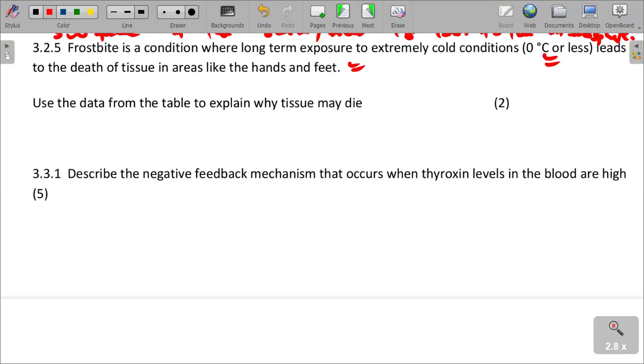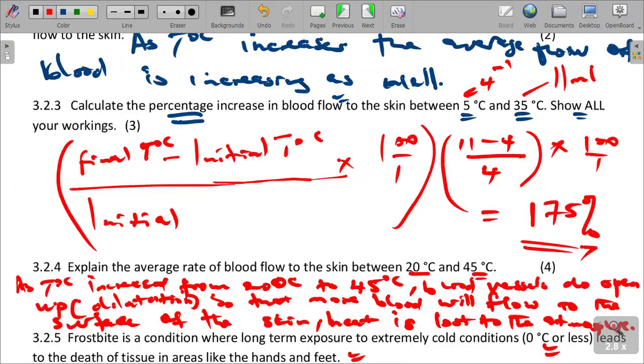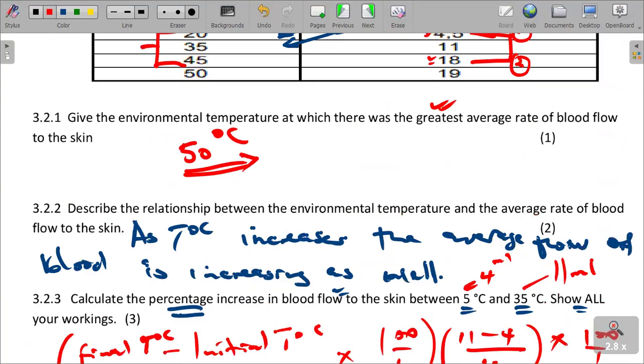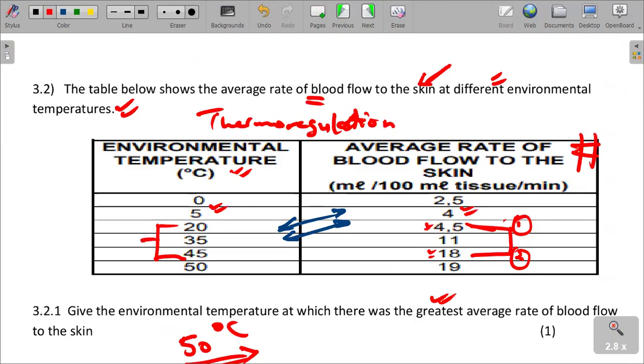Tissue death, we can actually see that with tissue death, low blood flow, as you can see there, we have blood flow at temperature zero, 2.5 at 0 degrees Celsius, which is shown there.